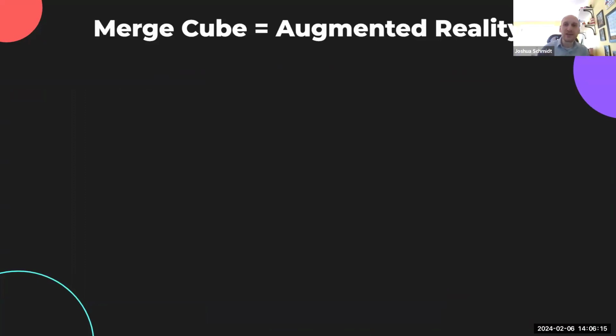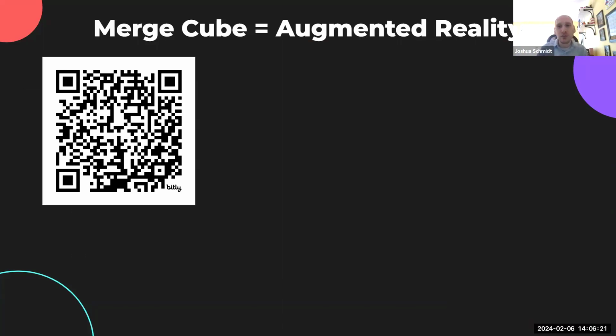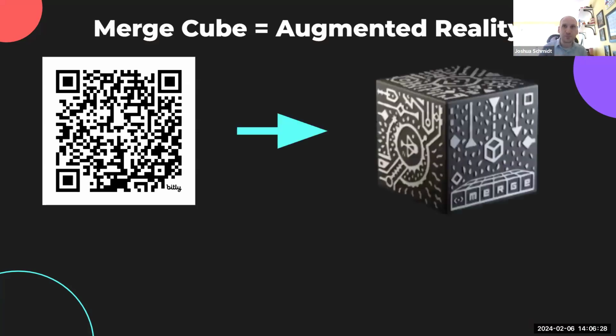So Merge Cube, like I said, is a powerful form of augmented reality. If you think of something like a QR code, if I scanned that code with my phone, I would go to a website. A Merge Cube is basically just a QR code on every side of the cube. So it's like 6 QR codes all at the same time.